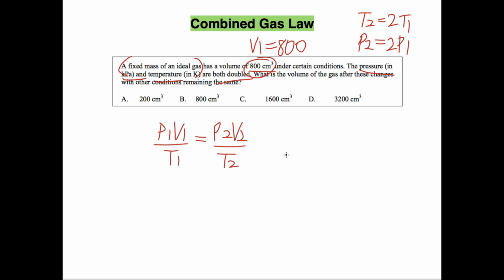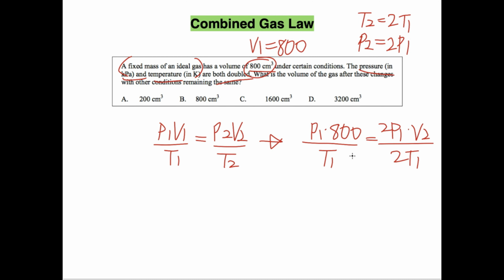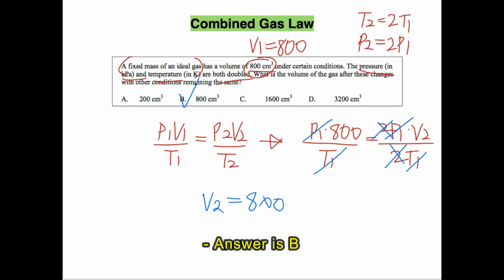Now we're going to plug everything in: P1 here and 800 here over T1, P2 is equal to 2P1, V2 we don't know, and T2 is equal to 2T1. Now I can cancel out P1 and T1. Also, I can cancel out the 2's here. So we can see that V2 will be equal to 800. So there will be no change in volume.